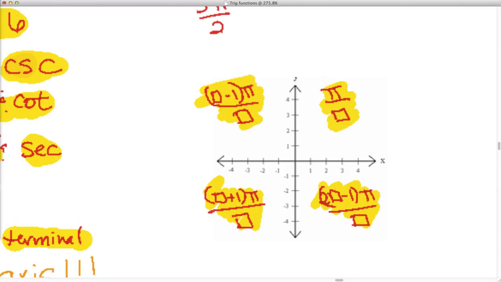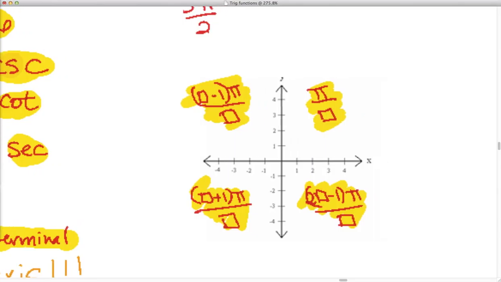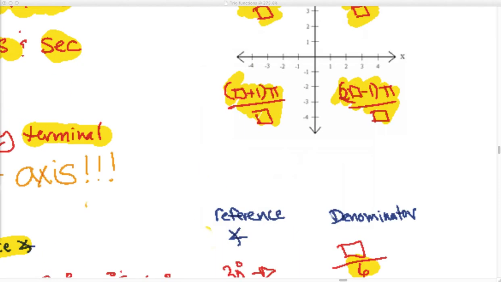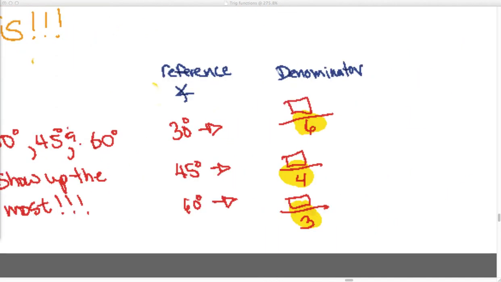How can this help me? Well, let's say I needed 45 degrees in the second quadrant. Well, I know that 45 degrees has a denominator of, how many of you were paying attention or took notes? Let's look back down. 45 degrees is a 4.